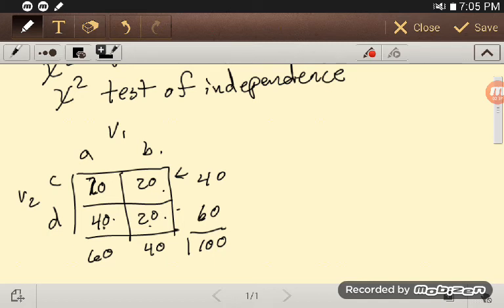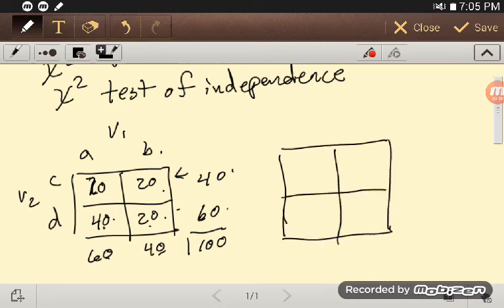The way we're going to check that is we're going to come up with, for these totals on the ends, the 40, the 60, 60 and 40 here, the perfect independent situation.